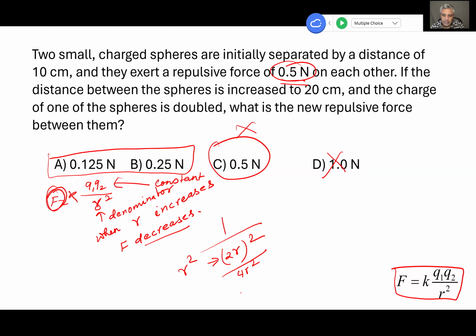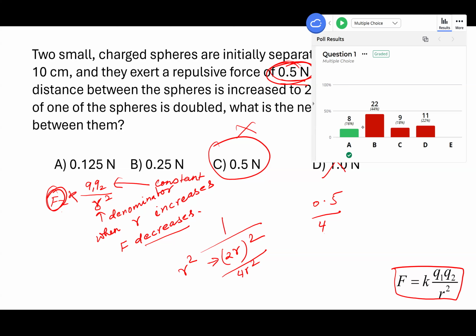You double the distance, force became 1/4. So what is a quarter of half? You need to divide the original force, 0.5, by 4. So looks like a quarter of that is 0.125. So looks like A is the correct answer.